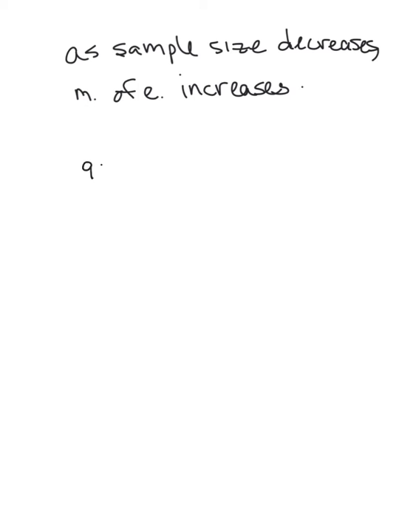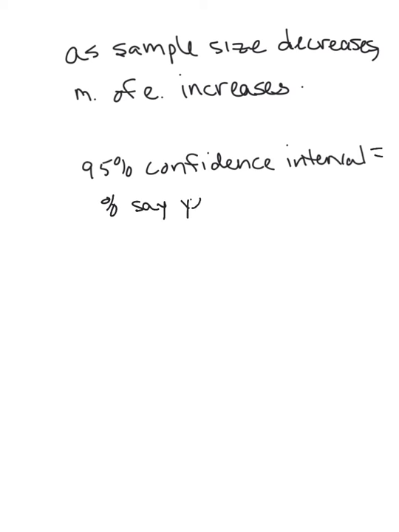A 95% confidence interval contains two pieces of information. It contains the percent who say yes to whatever question you're talking about, plus or minus the margin of error.